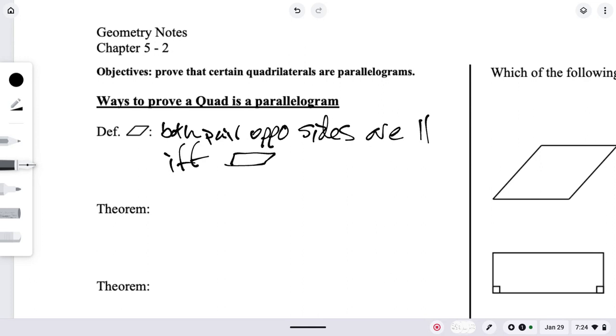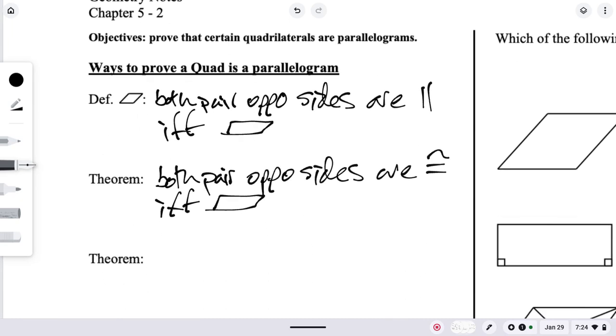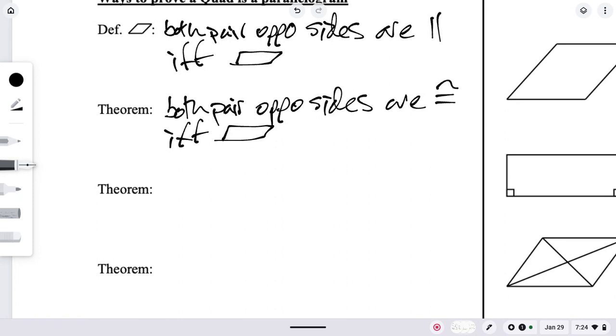The other things we knew was that if both pairs of opposite sides are congruent, then it's a parallelogram. Then we talked about both pairs of opposite angles.